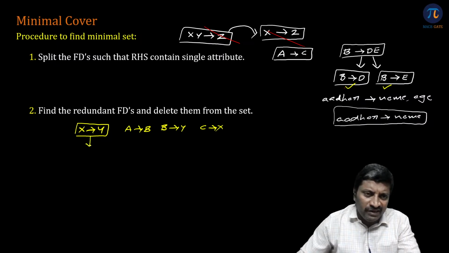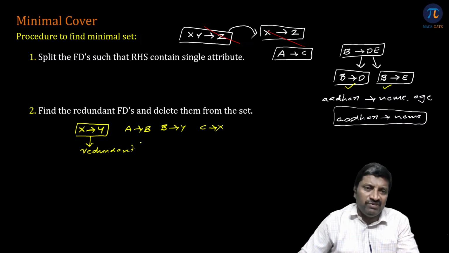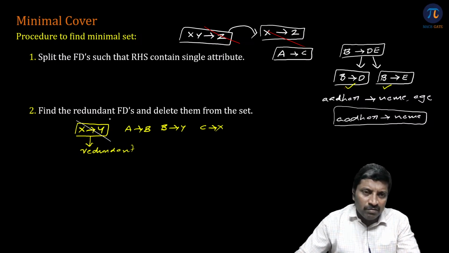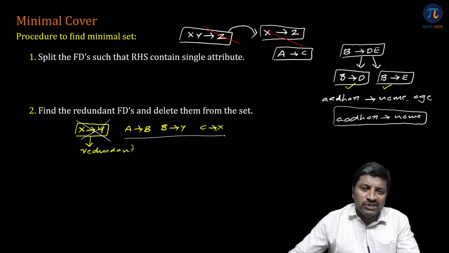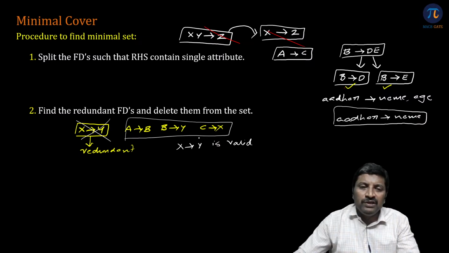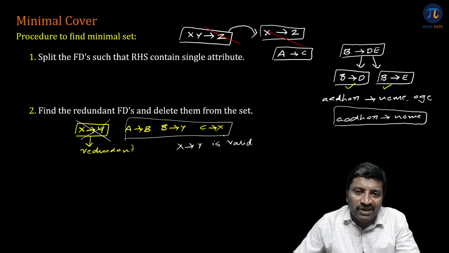I don't know whether it is redundant, so let us assume I am verifying it. Forget about it, and let us assume I have only these three and verify whether x implies y is valid or not, by using only these three.